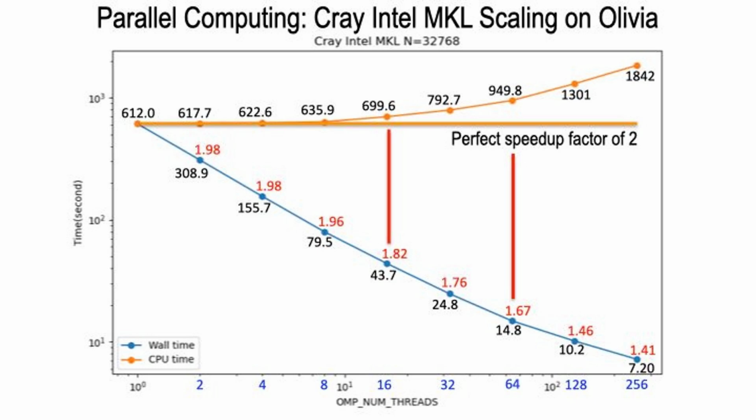The speedup decreases when scaling from 16 to 64 cores. The scaling analysis indicates that a computation taking approximately 43.7 seconds on 16 cores is reduced to about 14.8 seconds on 64 cores, achieving a speedup of roughly 3. In an ideal case with perfect speedup, this would have been 4.